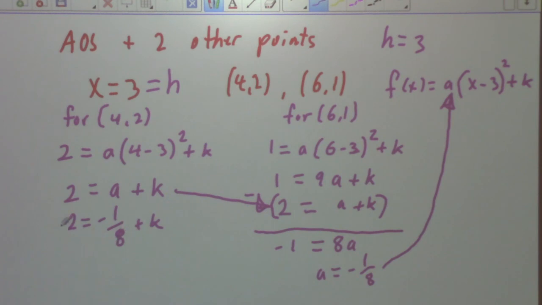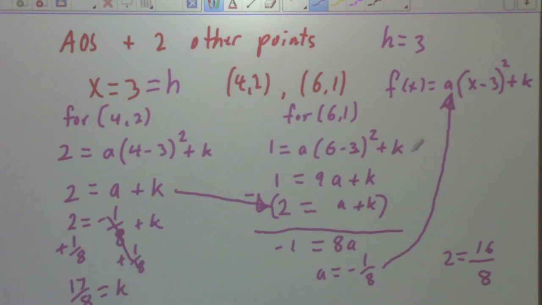Now what I'm doing here is I'm going to take this 2, I know 2 is 16/8, right? So if I add 1/8, I'm going to have 16/8 plus 1/8, so that cancels out. So I'm going to get 17/8 is equal to k. And I think if you do that in your calculator, you get something like 2.125, something like that, right?